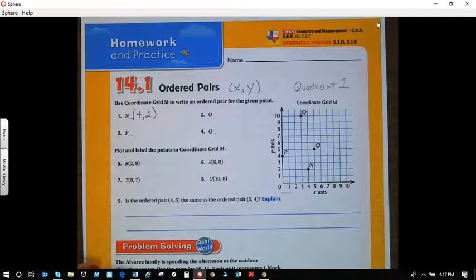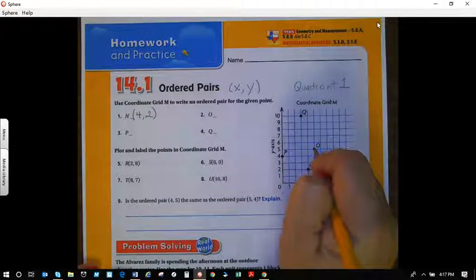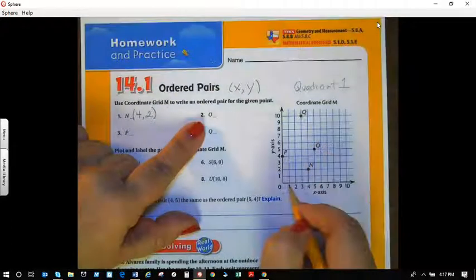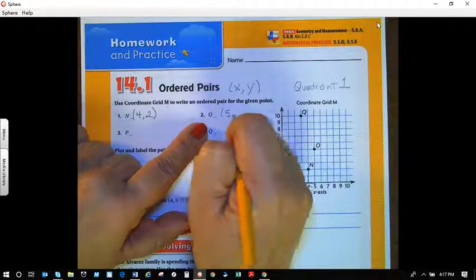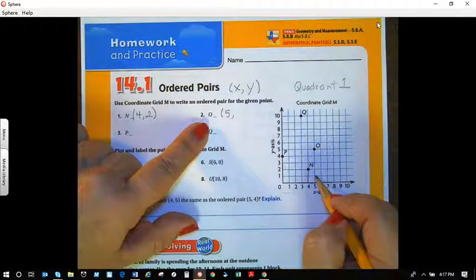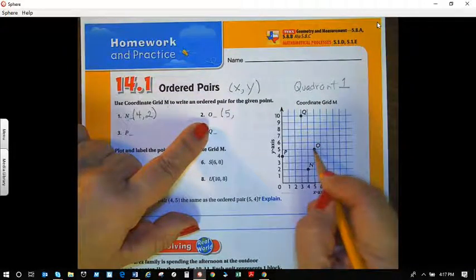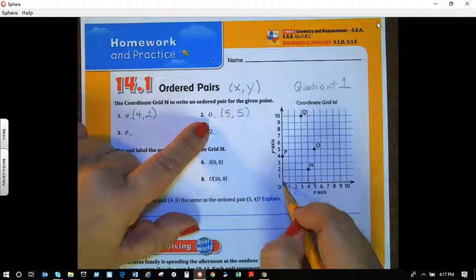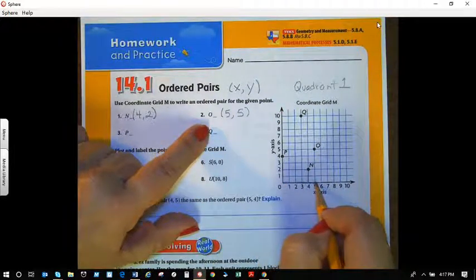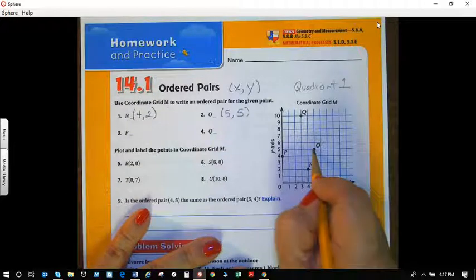Number 2. Here's my 0, and I'm going 5 across, and I'm going to go up 1, 2, 3, 4, 5, so I have 5 up. So I have to go to the right on the x-axis and then go 5 up.